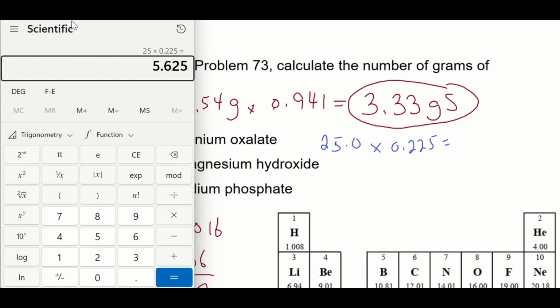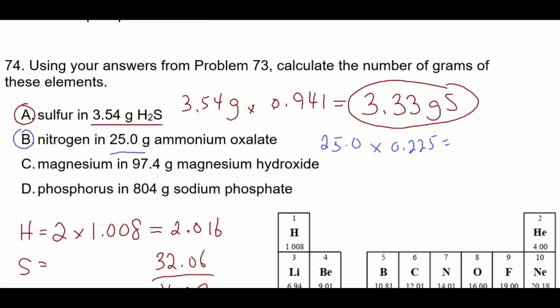So if we had 25 grams of ammonium oxalate, nitrogen would make up 5.63 grams.